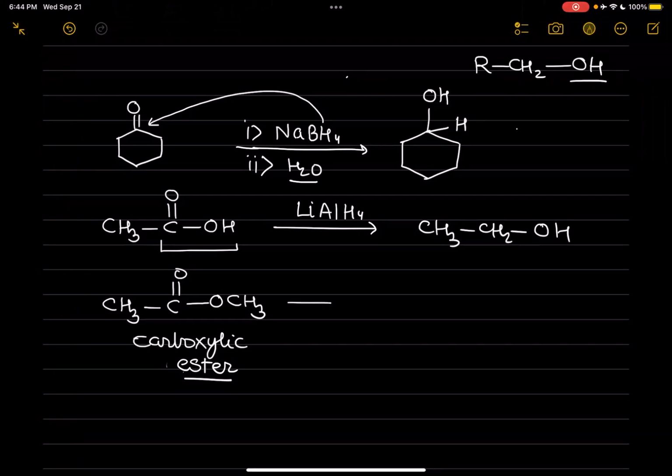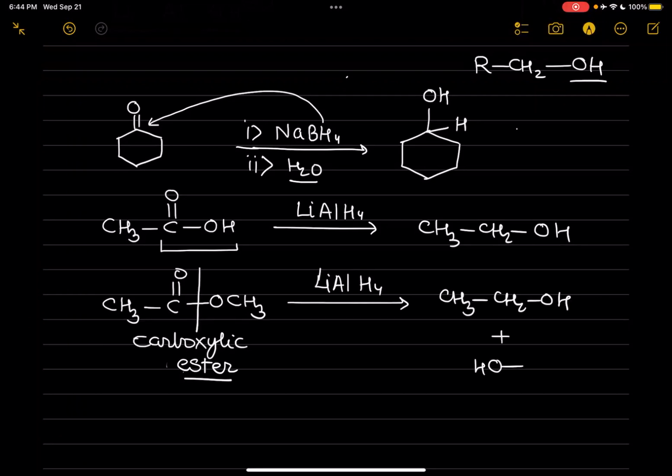Okay, and if you react it with LiAlH4, this is going to break into two fragments, and you will get two alcohol groups. One already was there, which was joined to the carboxyl C double bond O. That was one, right?